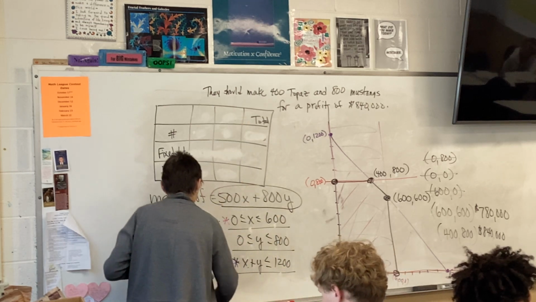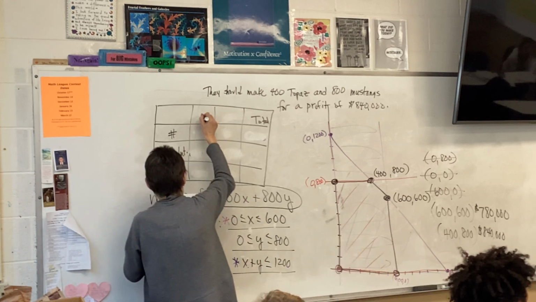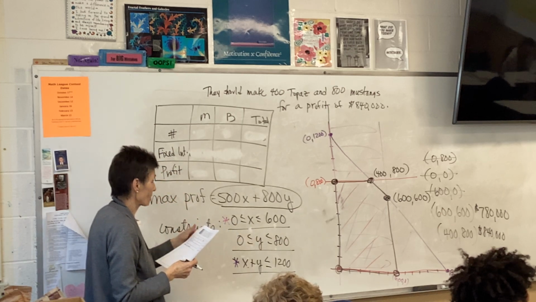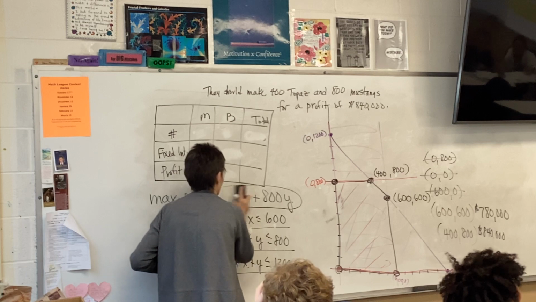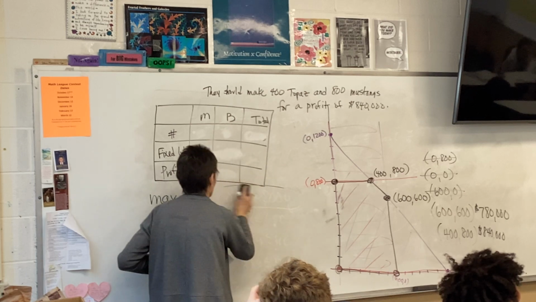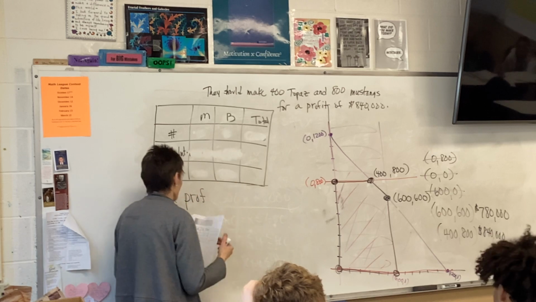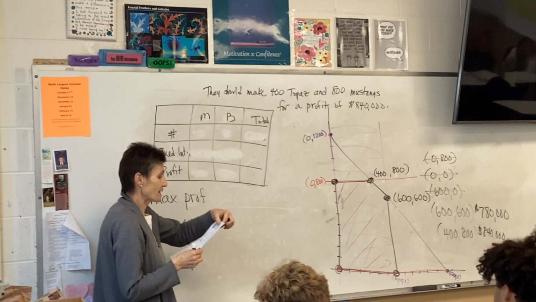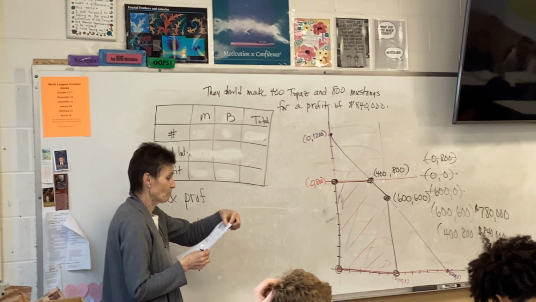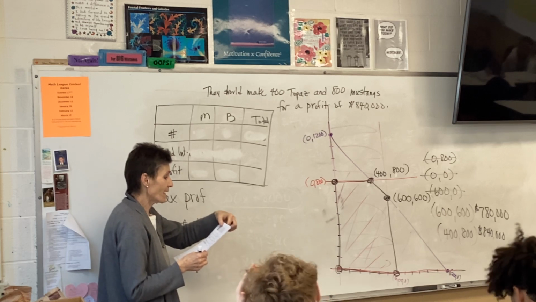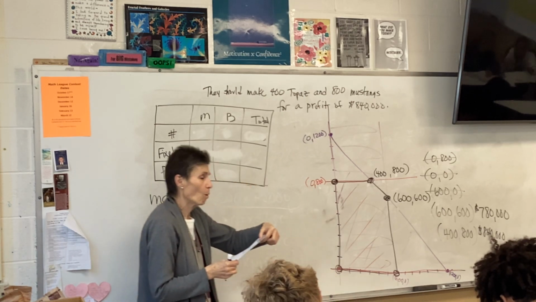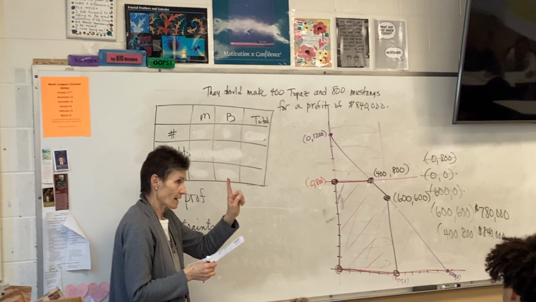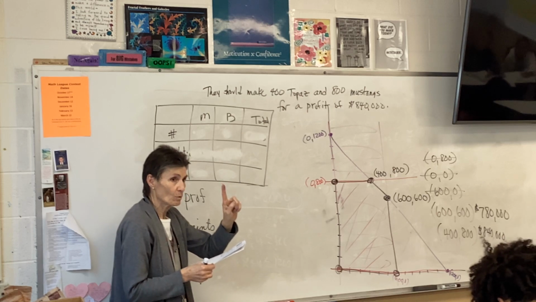We've got motorcycles and bicycles. To stay in business, the company must produce at least 10 motorcycles each month, but it does not have facilities to produce more than 60. Okay, stop right there. We're talking about motorcycles. What do I know about motorcycles?